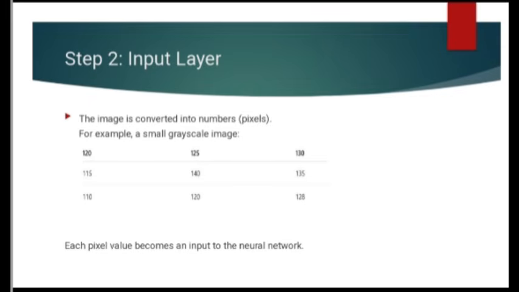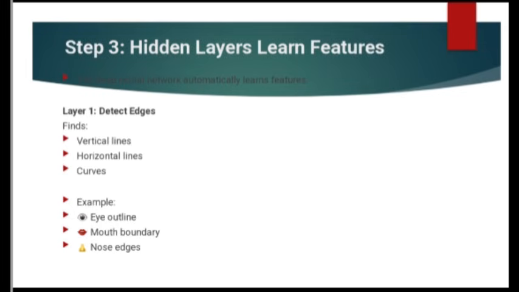These values represent brightness levels. A smartphone image may contain millions of such pixel values. The input layer receives all these numbers and passes them to the neural network. The input layer itself does not learn anything. Its job is simply to receive the data and forward it. Now we can see the hidden layer.